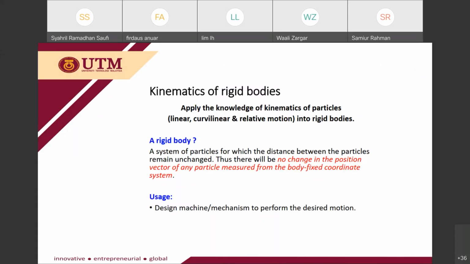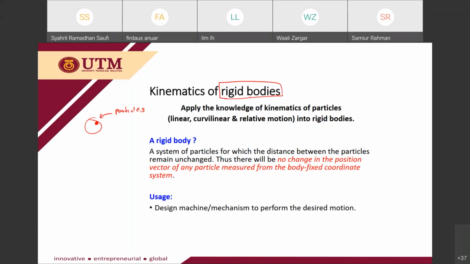On those particles, there is no dimension. If the particle has weight, then we will consider the weight, but not the dimension. But for rigid bodies, we need to consider the dimension.